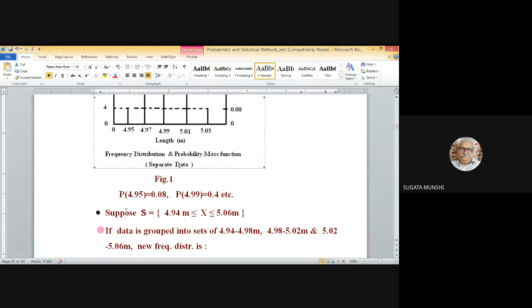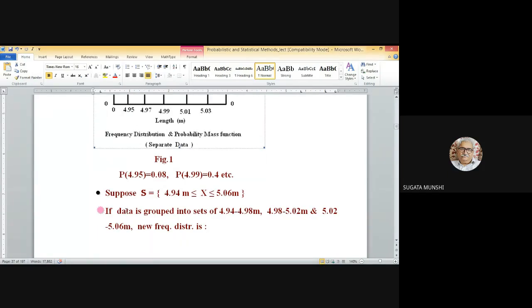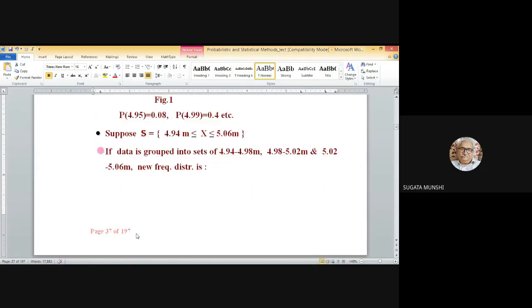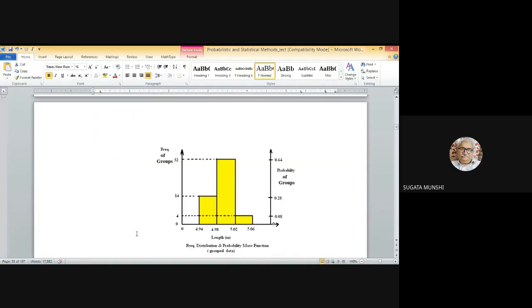Another way we can plot this probability distribution is that if you group the data into sets, say there is one set extending from 4.94 to 4.98 meter, another extending from 4.98 to 5.02 meter, another extending from 5.02 to 5.06 meter, what would have been the new frequency distribution?